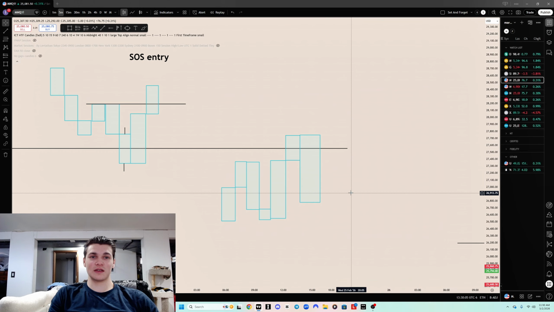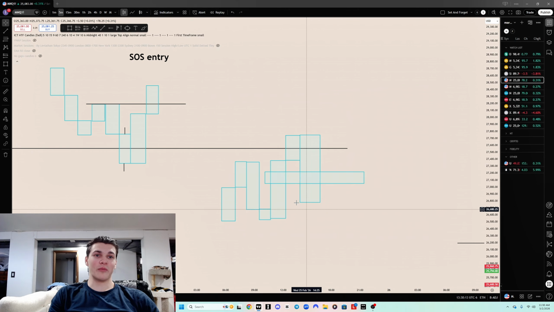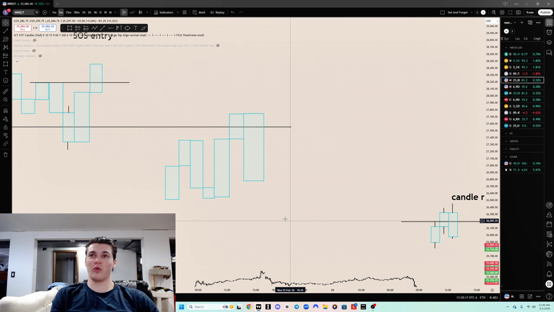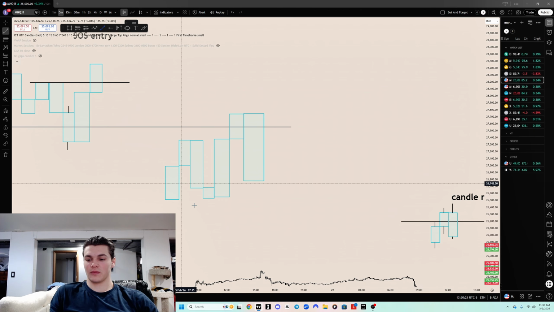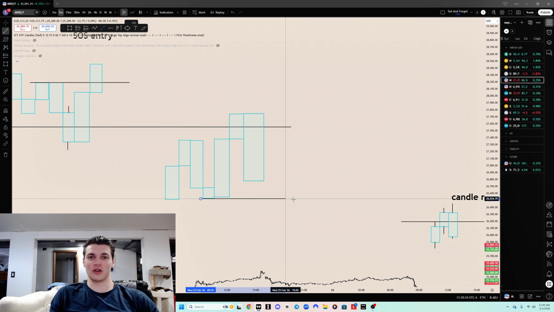And like I said, you can enter here. You can enter after this candle flips this candle's range, and if there's a potential bullish gap here that it inverses, you could enter there, or you could wait for price to break that structure. Because right here we're slowly trending up into your bearish POI.